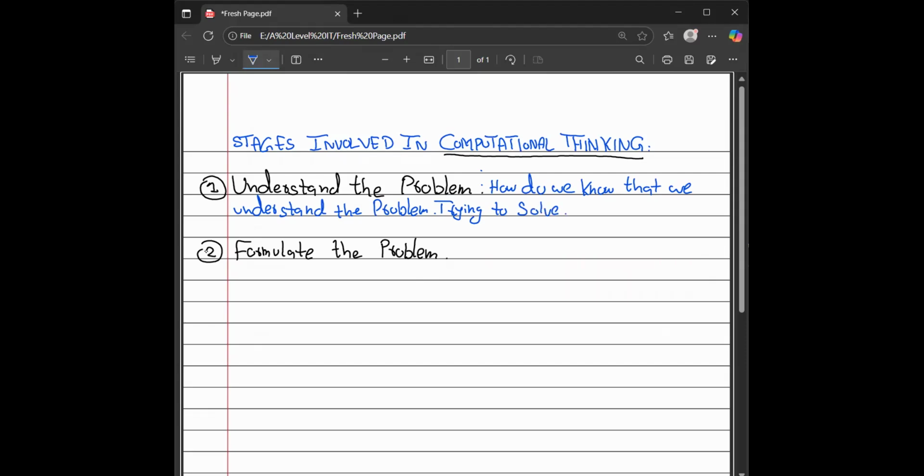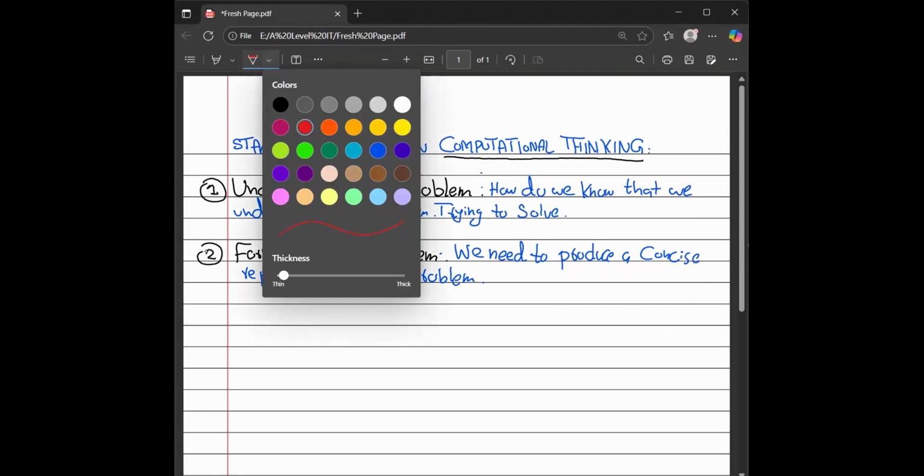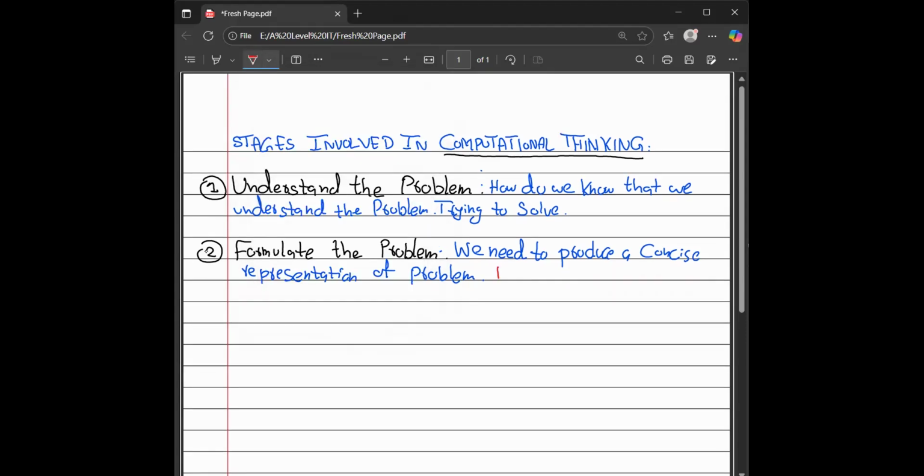Formulating the problem, in this part, we need to produce a concise representation of the problem, because formulating means you are formally working with it. Here you are going to work with abstraction.